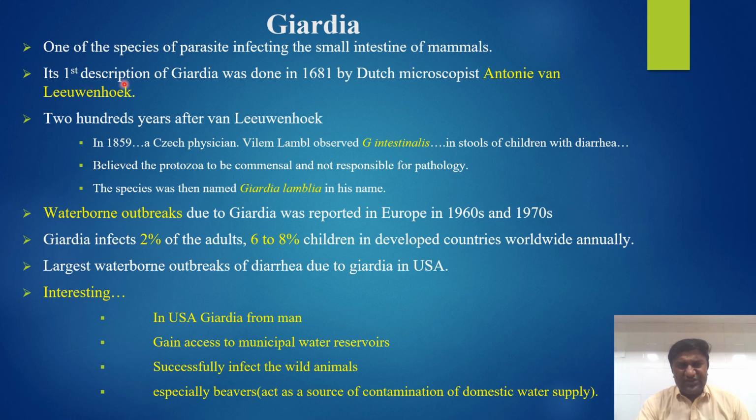The first description of Giardia was done in 1681 by the Dutch microscopist Antony van Leeuwenhoek.